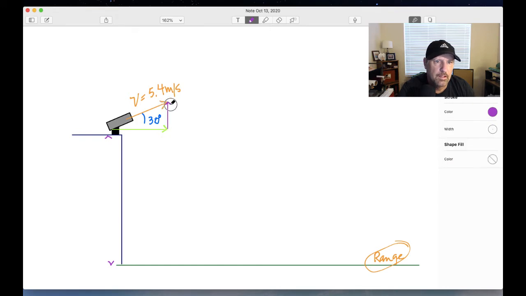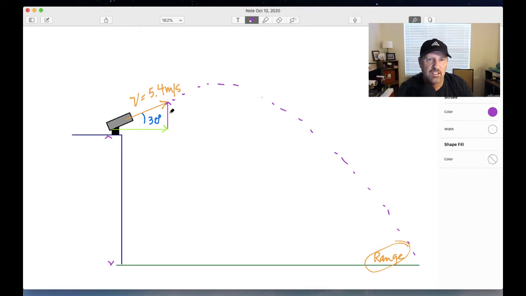Okay. Out of all this information, one of the things is the horizontal velocity stays constant, so it's steady, steady, steady the whole time. And the vertical is going to change. It starts out at this and gets less and less as it makes a trajectory path, and then at some point turns around.